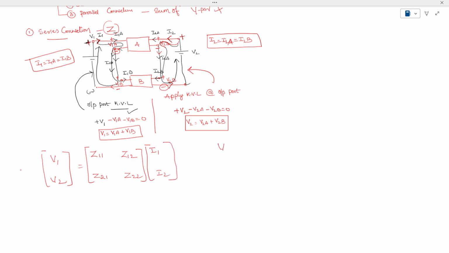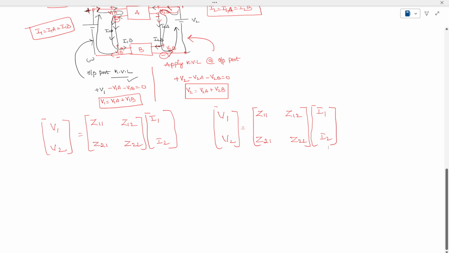The second matrix also: V1, V2 is equal to Z11, Z12, Z21 as well as Z22 into I1, I2.